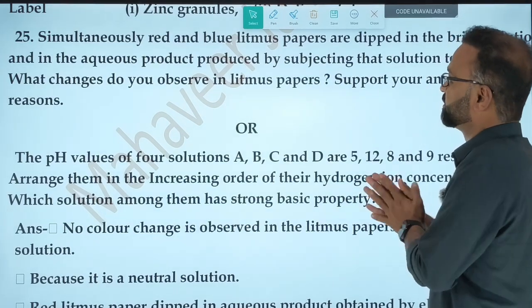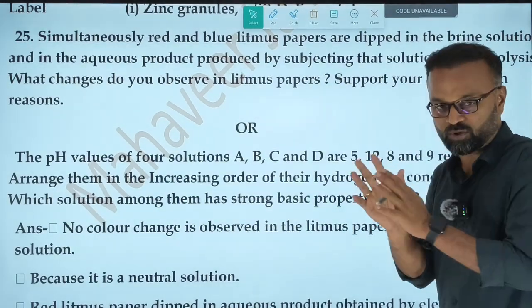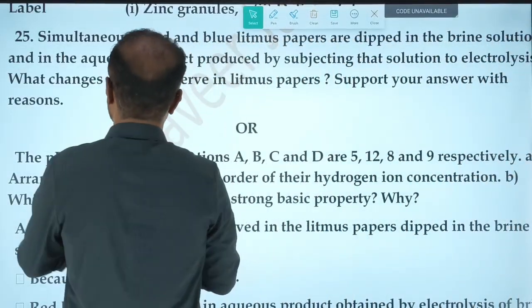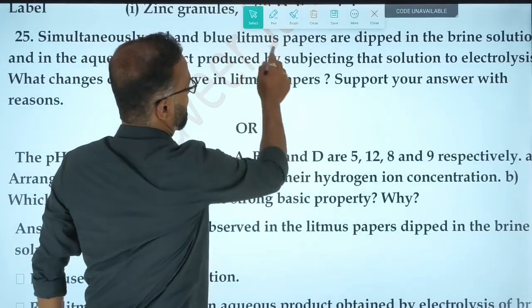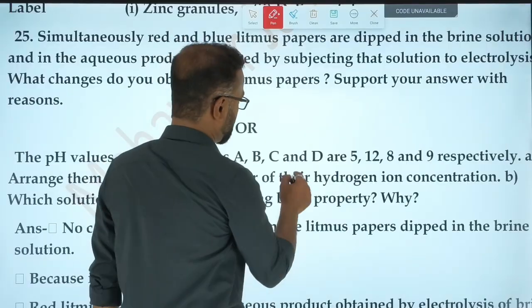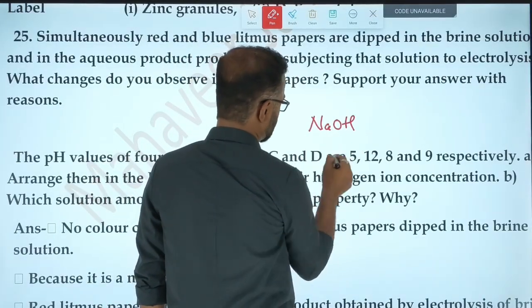Okay, fine. Now see here. Simultaneously, understand the question. It's very simple. What are they trying to tell here? Simultaneously, red and blue litmus papers are dipped in the brine solution. Where are they dipped? In the brine, which means what? Aqueous solution of sodium hydroxide.